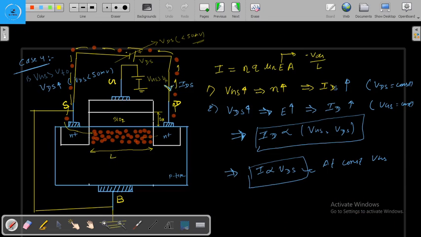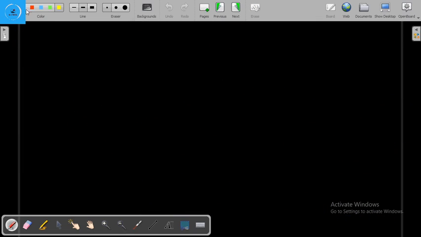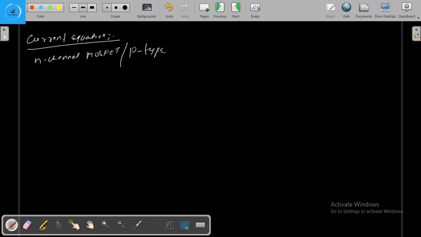Now we are going to see the current equation, first for the N channel MOSFET. We can say N channel MOSFET or P type MOSFET because its substrate is P type, or we can say NMOS.